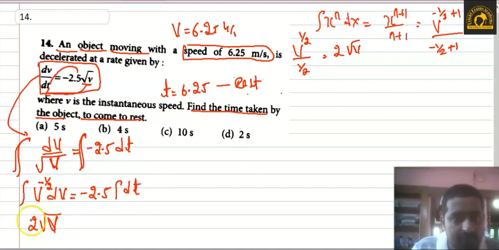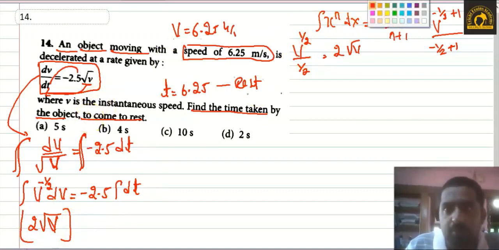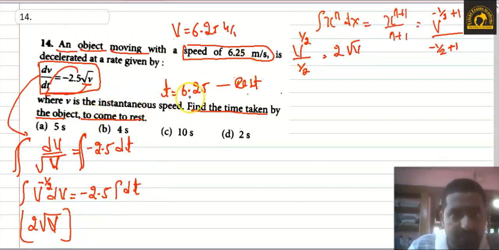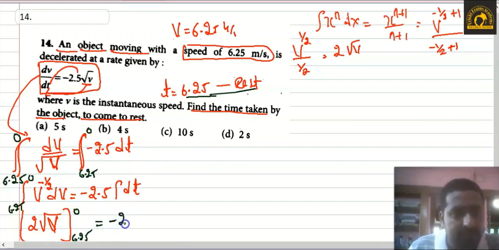So we have 2 square root of v integrated from, where to where is important, from 6.25 to rest. 6.25 to rest means 6.25 to 0. This is equal to minus 2.5 into the integration of dt, which is t, with the limits 6.25 to 0.